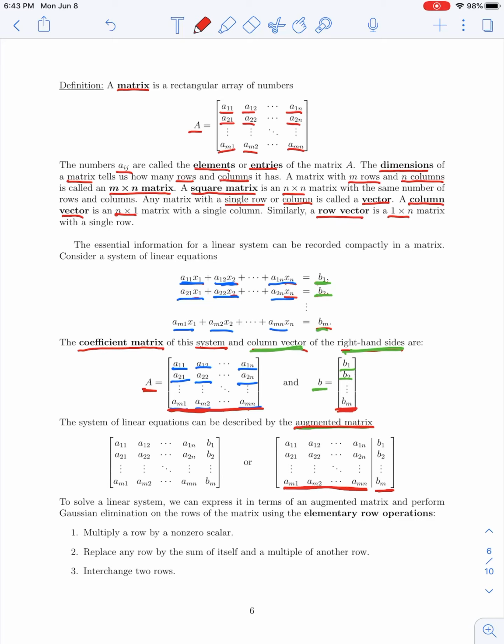Now this is my preferred notation for the augmented matrix for a linear system, and this is what you'll see in most mathematics, engineering, and physics textbooks. The textbook that we're using at UTSA for this course uses a slightly different notation. They just omit the vertical bar between your coefficient matrix A and the column vector b1 through bm.